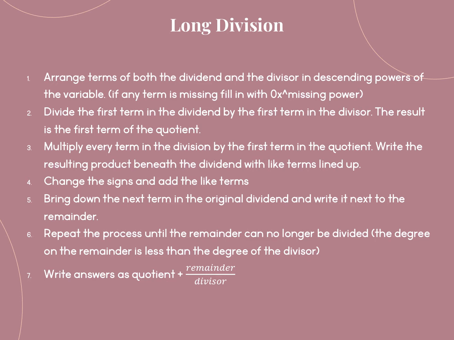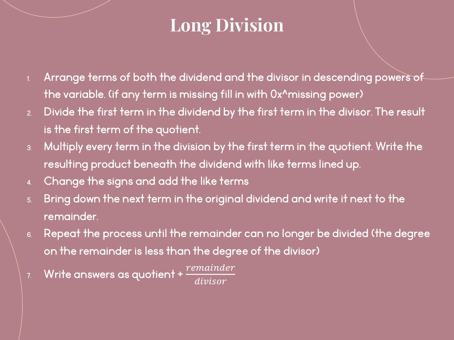Then we're going to divide the first term of the dividend by the first term in the divisor, and the result is the first term of the quotient. Then we're going to multiply every term in the divisor by the first term in the quotient, write the resulting product beneath the dividend with the terms lined up. Then we're going to change the signs, add the terms, bring down the next term in the original dividend, and write it next to the remainder. We're going to keep repeating this process until the remainder can no longer be divided, and the degree of the remainder is less than the degree of the divisor.